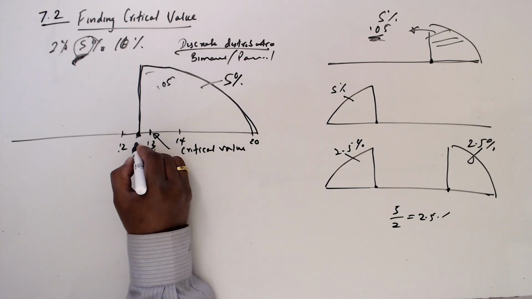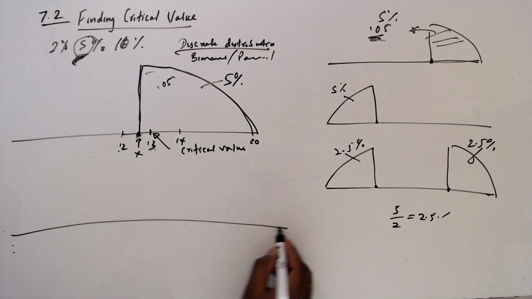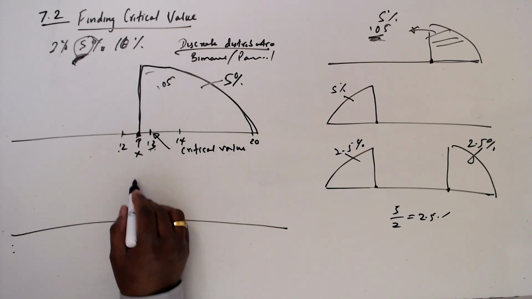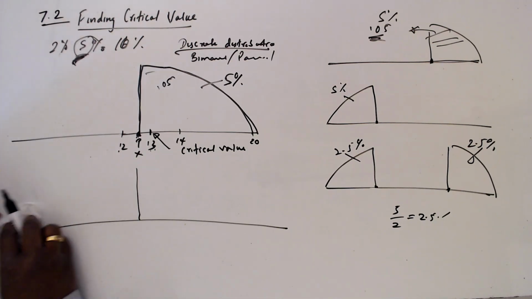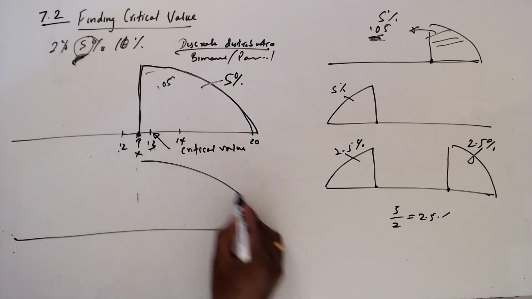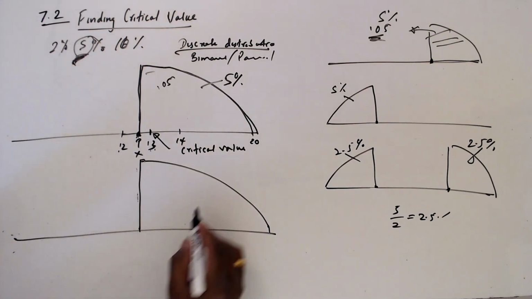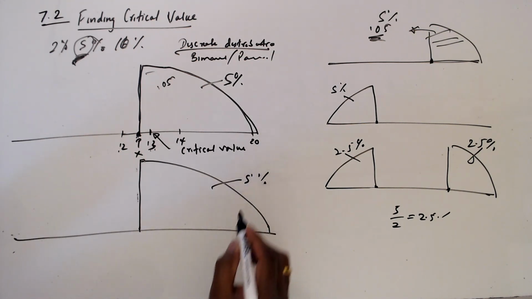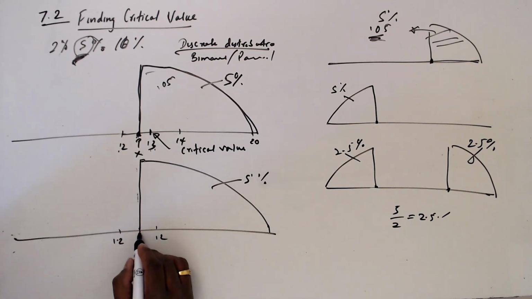This is not the critical value. But in a continuous distribution, because the number line is continuous and there is no such issue, you can take exactly the 5% value. Assume this is a discrete distribution, then this cutoff value is the critical value.